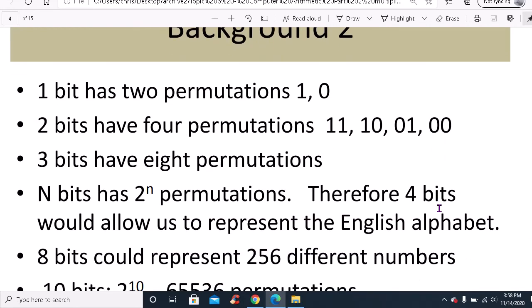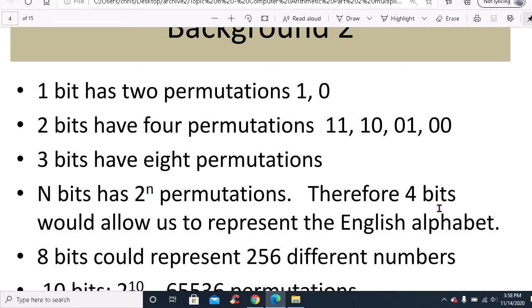So the second thing I want to draw your attention to is that one binary bit can have 2 permutations, 2 values, 1 and 0, not at the same time, and always 1 at a given time. 2 bits can have 4 permutations, combinations: 1 1, 1 0, 0 1, 0 0.